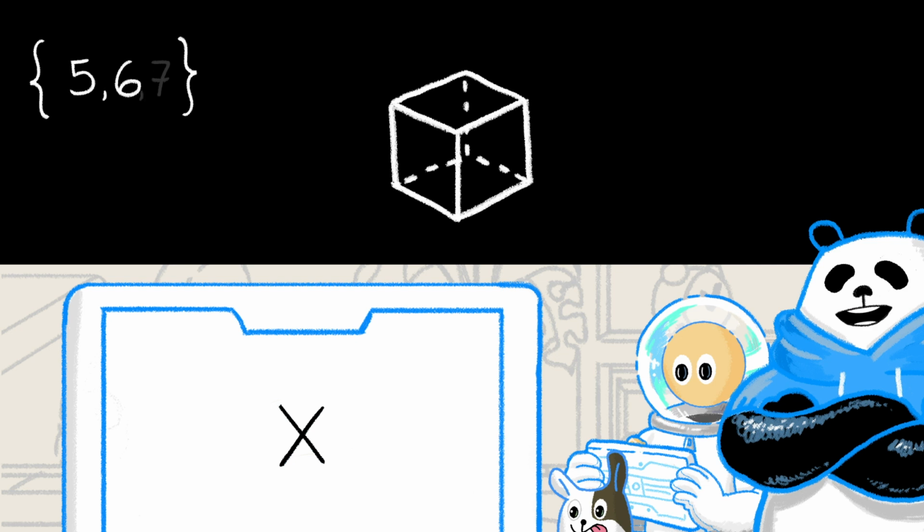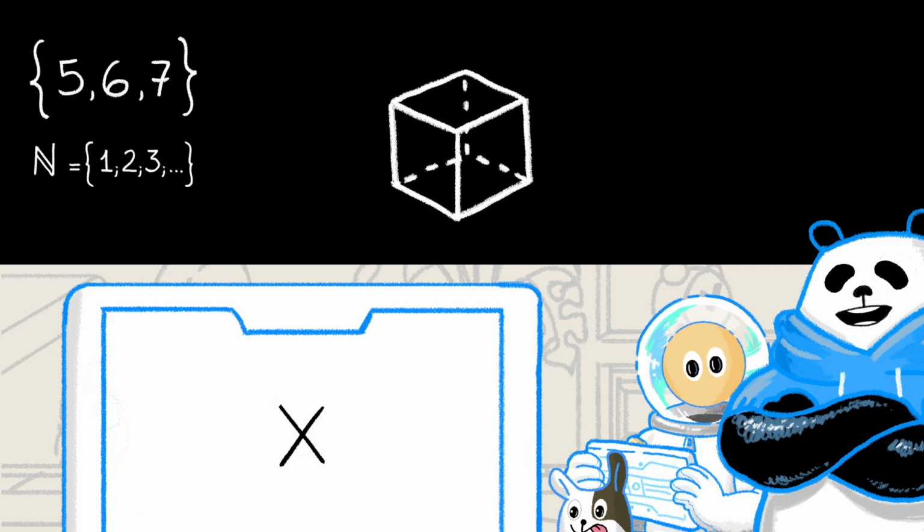Let's choose 5, 6, 7 as our domain. That means we substitute the variable with 5 and observe what happens to our X in the normal world. In most cases, the set of natural numbers is the domain. And in most cases, the domain is not given explicitly when it comes to inserting into variables.